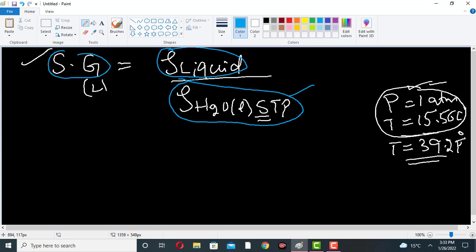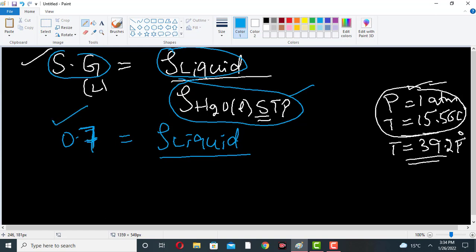Suppose the specific gravity of a liquid is 0.7, then what will be the density of that liquid? Suppose we have some organic solution or some oil, petrol or diesel sample, and the specific gravity of the petrol is 0.7. What will be the density of petrol at standard condition?